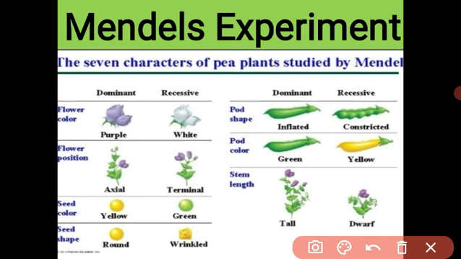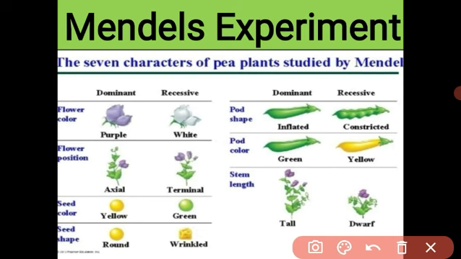Then the shape of the seed: some seeds are round, some are wrinkled. Some of these characters are dominant and some are recessive. And in the previous video I explained that a dominant character always expresses itself if it is present in the combination of the 2 genes. Got it? Pod shape also, pod color also, and the height of the plant.